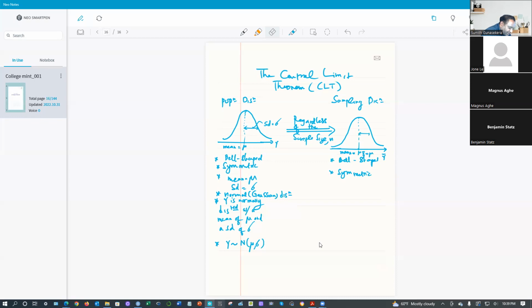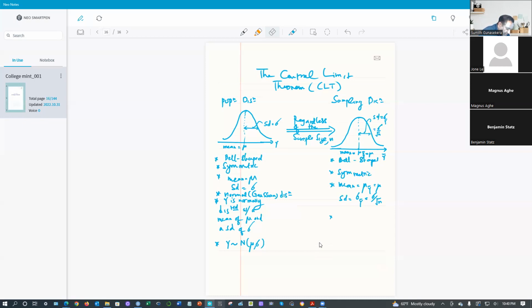And the spread, the standard deviation of the sampling distribution, sigma of y bar, is sigma over square root n, or s over square root n if sigma is not available. So the mean is mu of y bar, same as the population mean.